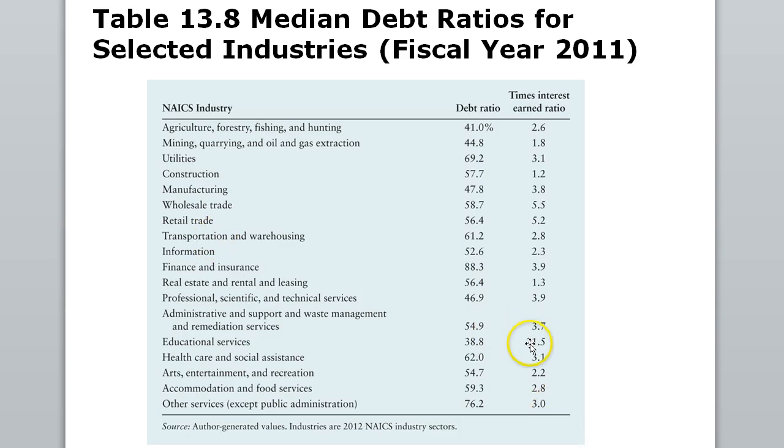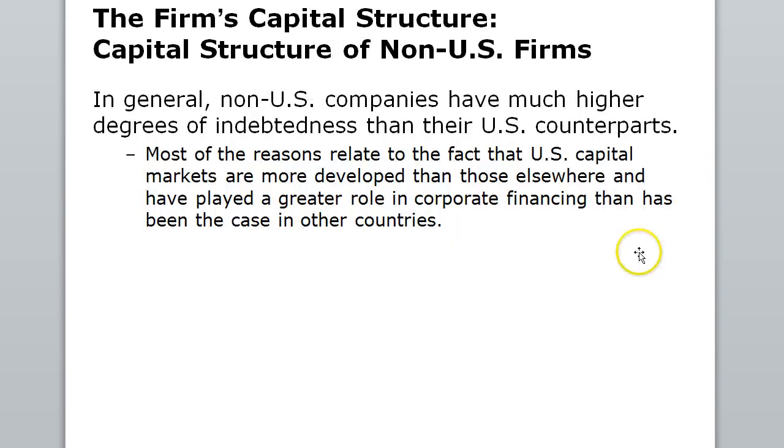You can see that educational services have a very high times interest earned ratio compared to, say, real estate. And finance and insurance can borrow a lot more than, say, educational services. Different industries have different risks, so they're going to have different acceptable rates of debt and coverage.